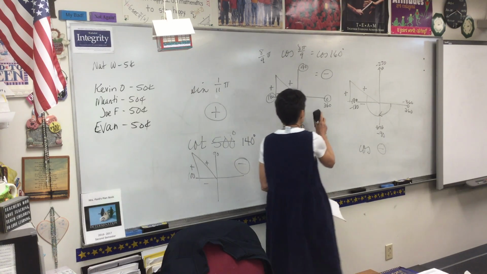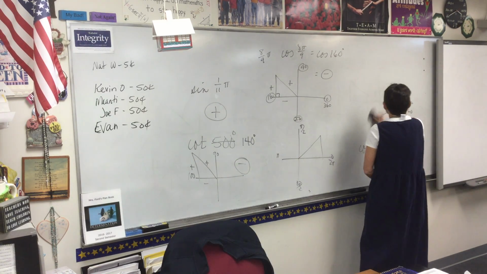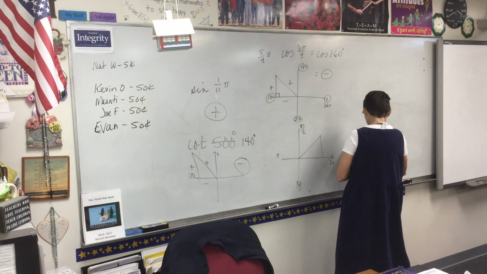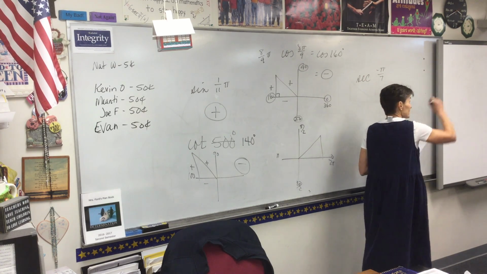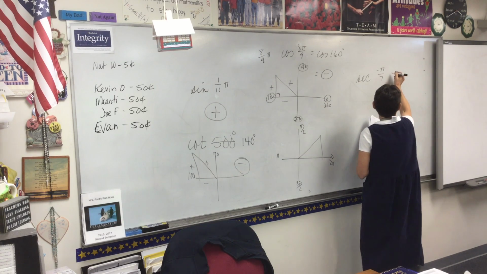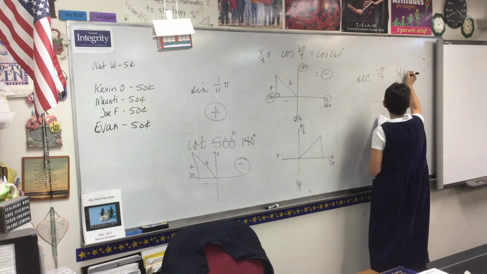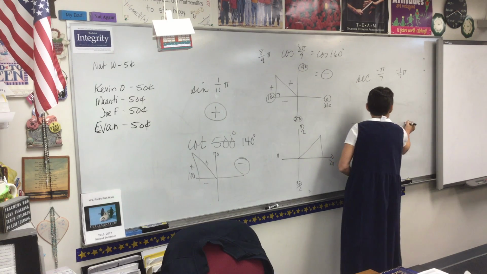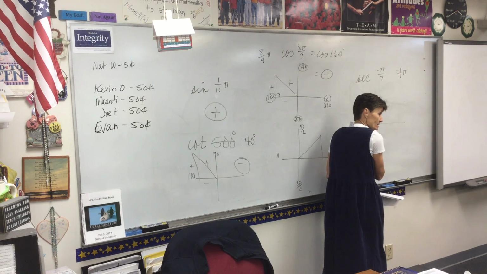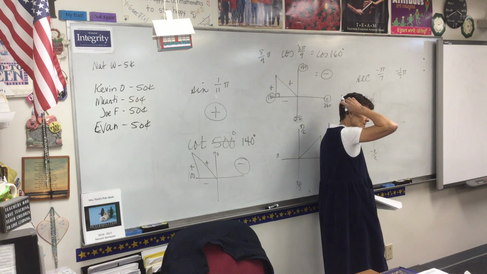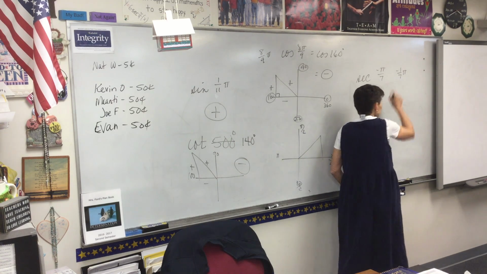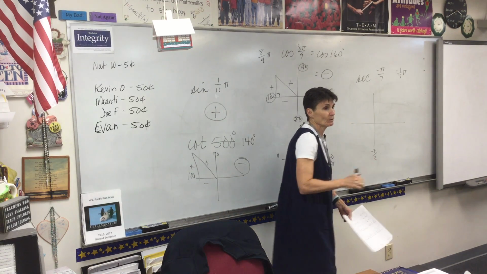One more. Secant negative pi over 7. Yeah, same thing. So I'm thinking of that as negative 1/7 pi. Now I know the negative tells me I'm going backwards. This would be negative a half, right? Now, is 1/7 more than a half or less than a half?